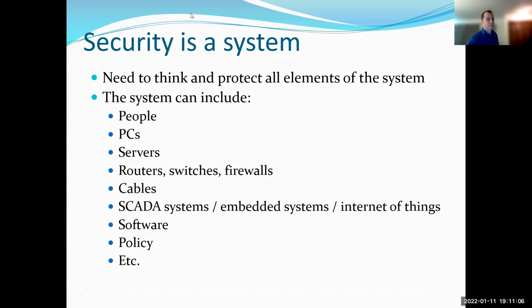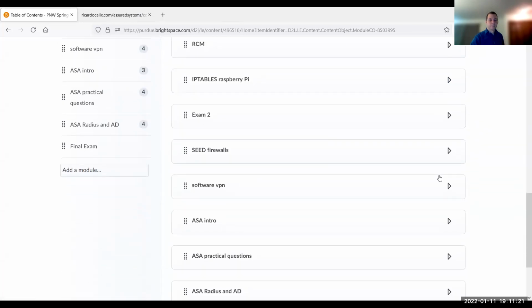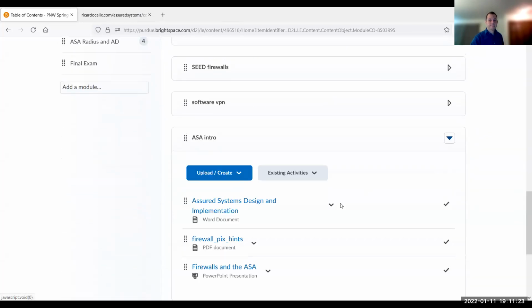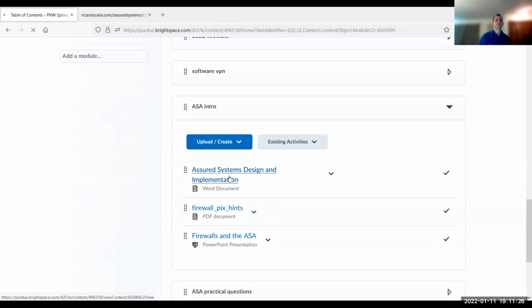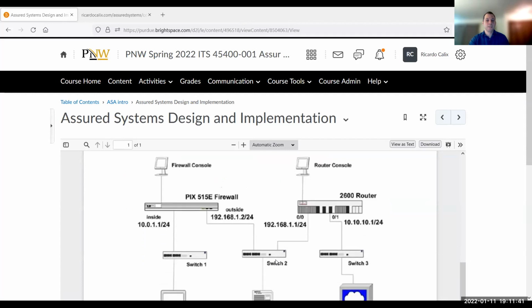So this idea of the system views, I'm going to change over here to the original document. You guys see it? If we look at this document here, you can see it's the same thing.